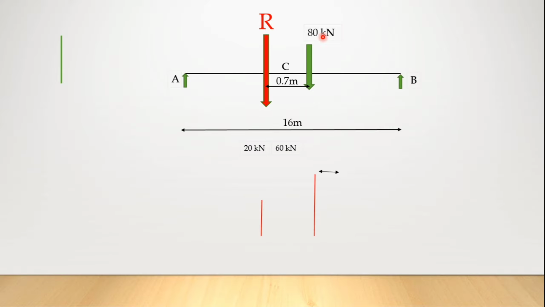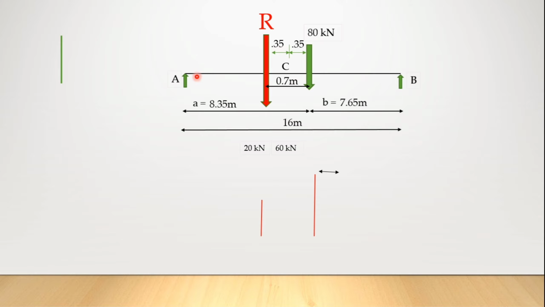The distance between these two loads is 0.7 meter, so each is equidistant from the center, 0.35. So 80 kilonewton has 0.35 distance with respect to the center, and the resultant is also 0.35 distance from the center.